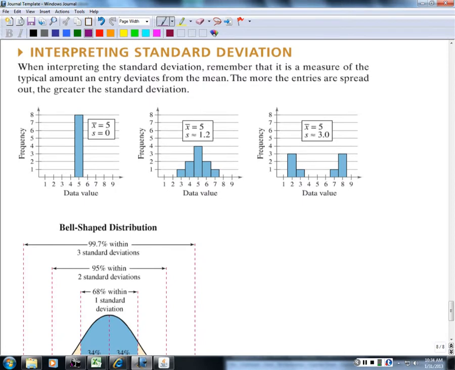Now, what about this one right here? This one has a mean of 5 and a standard deviation of 3. But what do you notice about that distribution? There's actually absolutely nothing in the middle, is there? Which means that all my data values occur way over here or way over here, but when I average them together, I get 5.